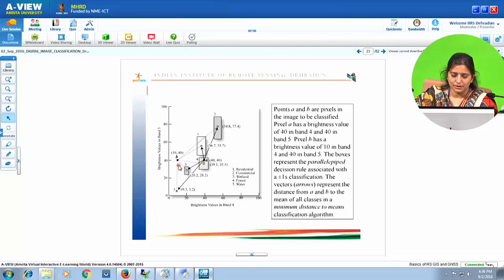But for B, when we calculate distance with all the class means, we see that the distance between B and the mean of class 3 is minimum, so B would be assigned to class 3.